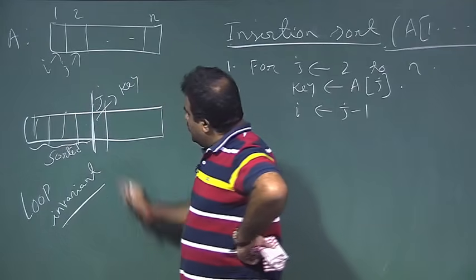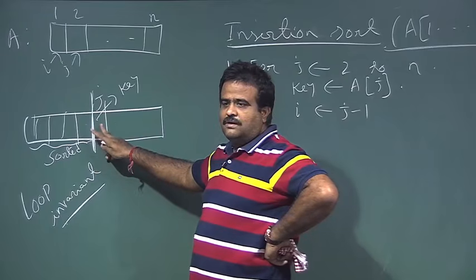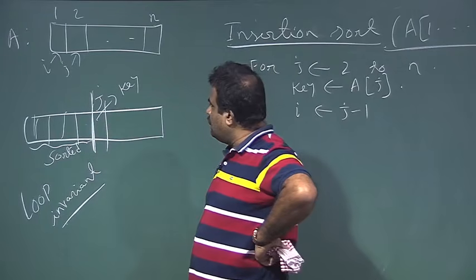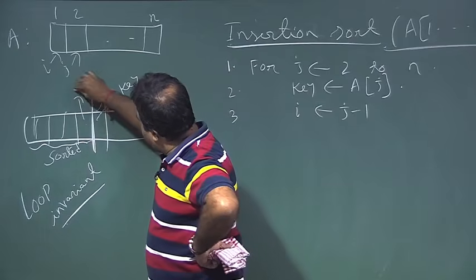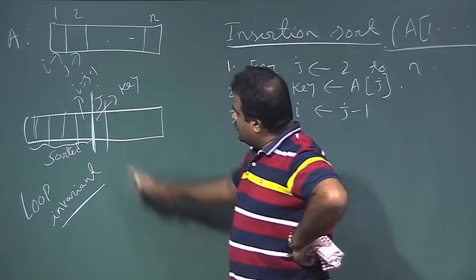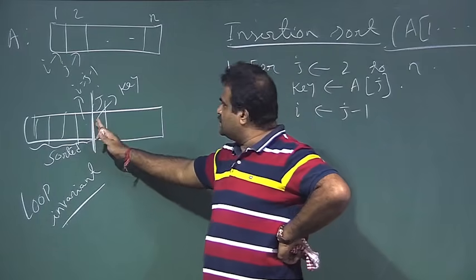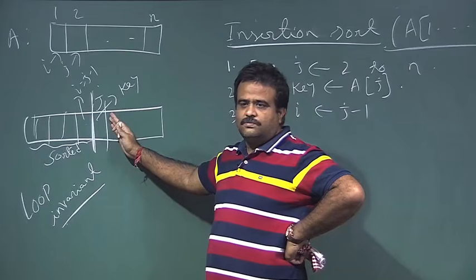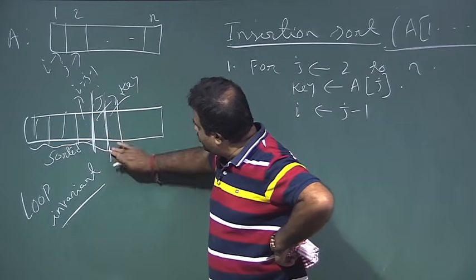Now this is the new element, the new j, and i is j minus 1. If key is greater than ai, then we can just increase j by 1, no problem, because up to this it is sorted.